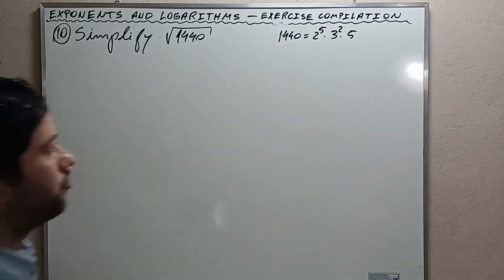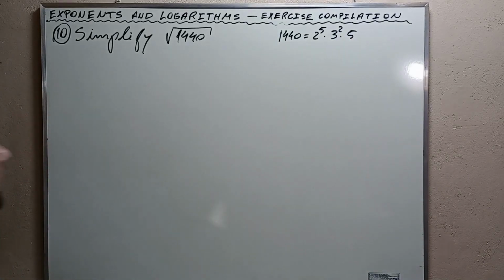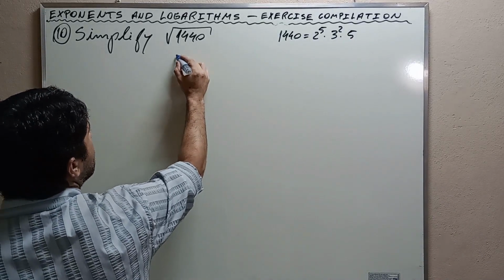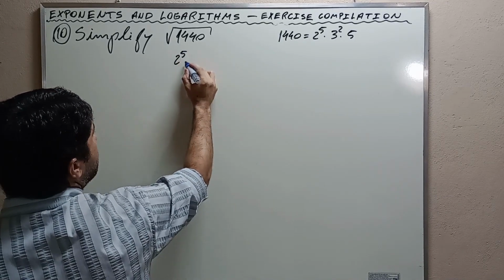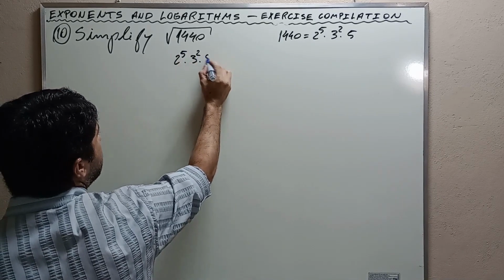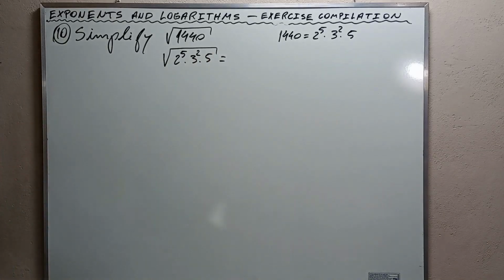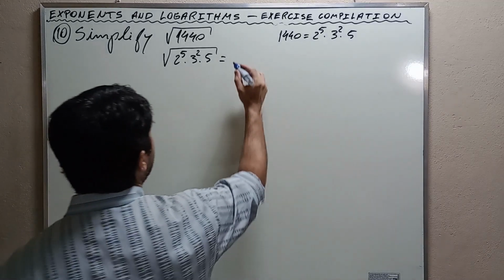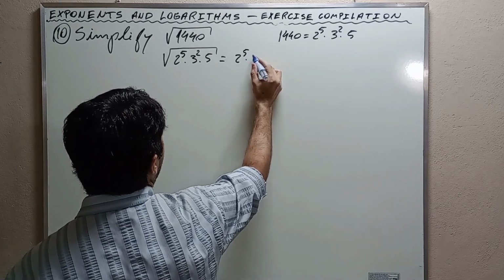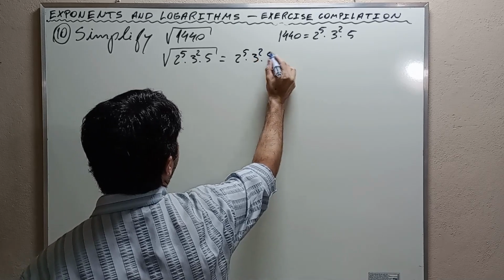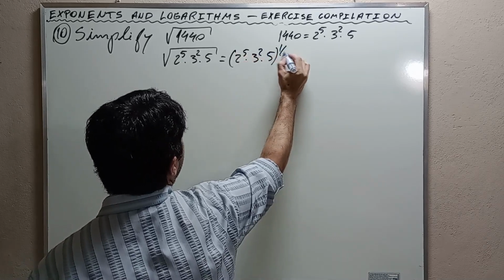And we put this factorization in the root, and it becomes the square root of 2 to the 5th times 3 squared times 5. But remember that the square root is similar to raising a number to the power of a half. Then it is 2 to the 5 times 3 squared times 5, all to the power of a half.